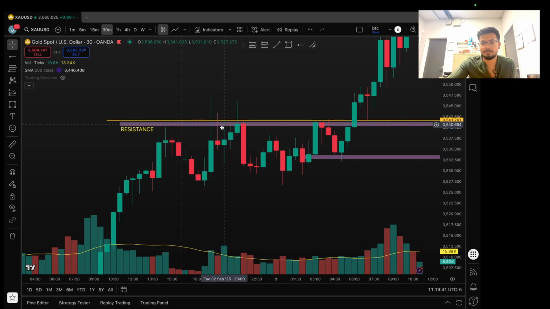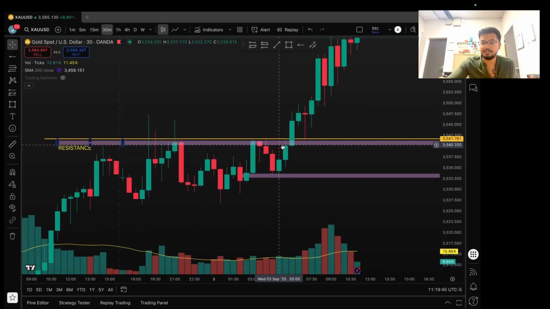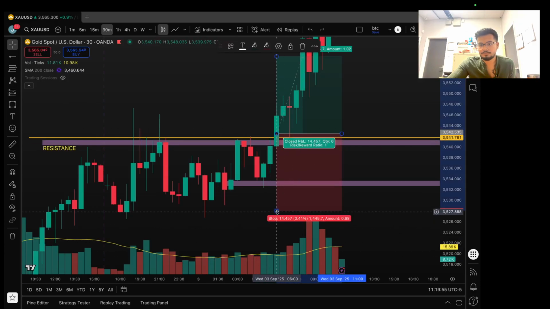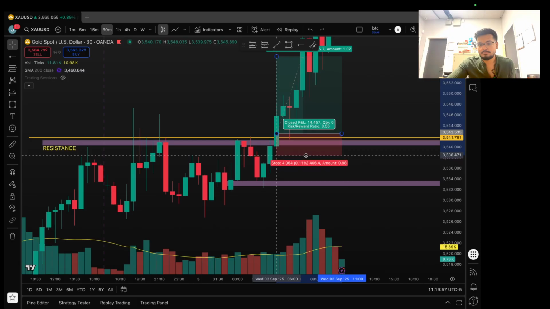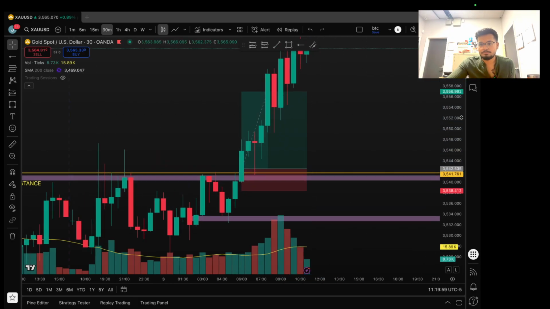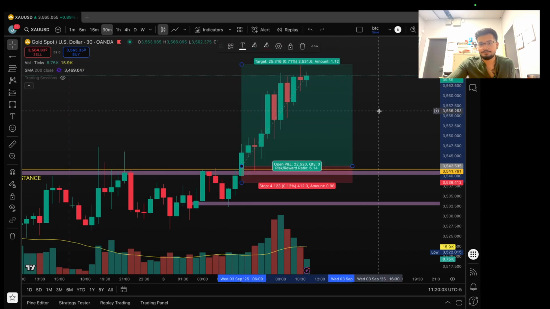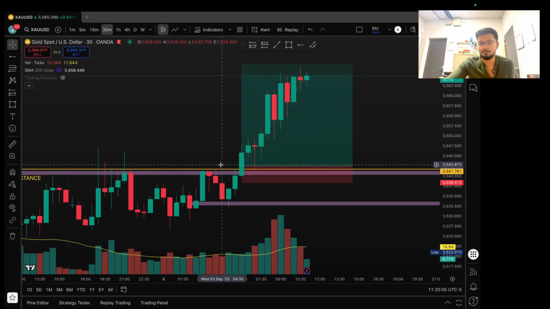How many times it got rejected from the same zone, and when it finally breaks that zone, let's say you enter here, that would have been a good day if you can capture all that move.